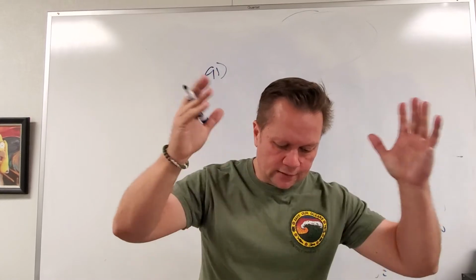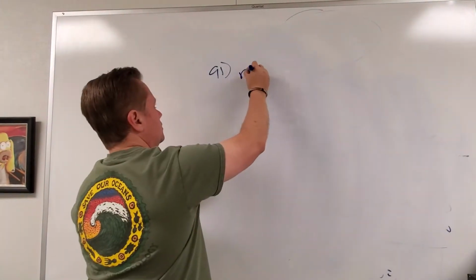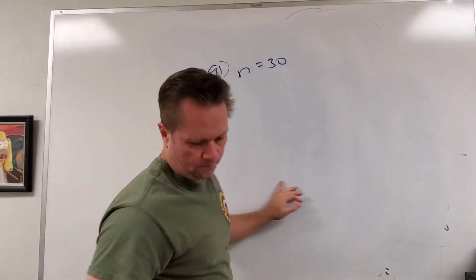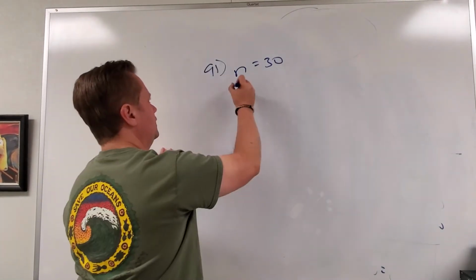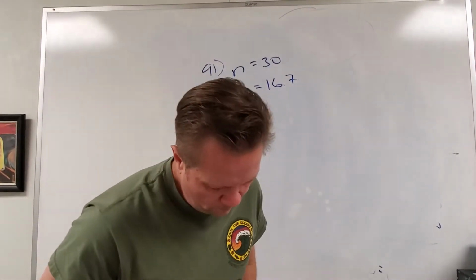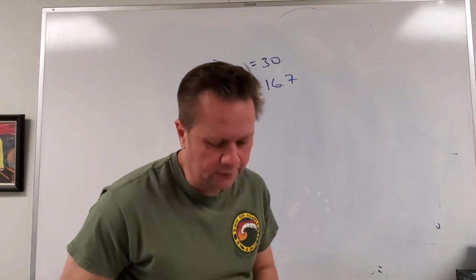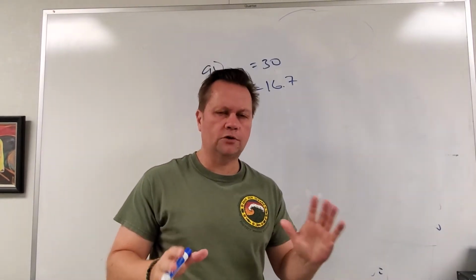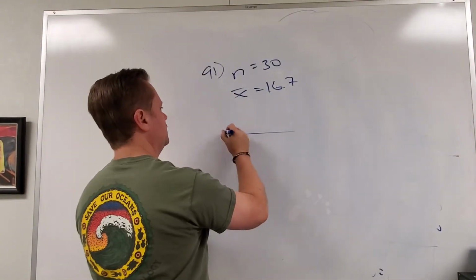Your stats class questions this claim. We select 30 batteries and find a sample mean lifespan of 16.7. If the process is working properly, okay, they word this so strangely. Their claim was the mean is 17.